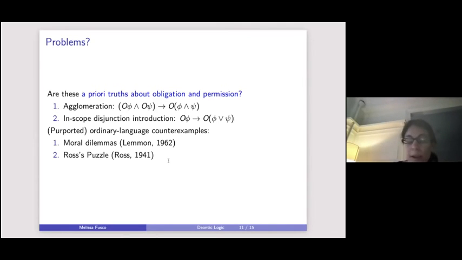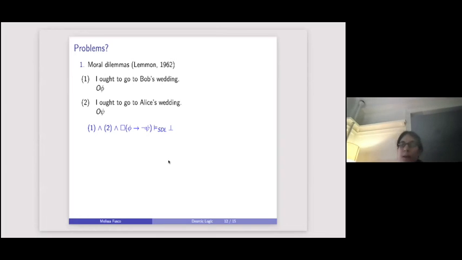All right, so let's look quickly at this. There are many examples of moral dilemmas, but for a basic one, suppose that I've been absent-minded and I've accepted an invitation to go to Bob's wedding, and then later I accepted an invitation to go to Alice's wedding, but it turns out that they're on the same day, at different ends of the earth.